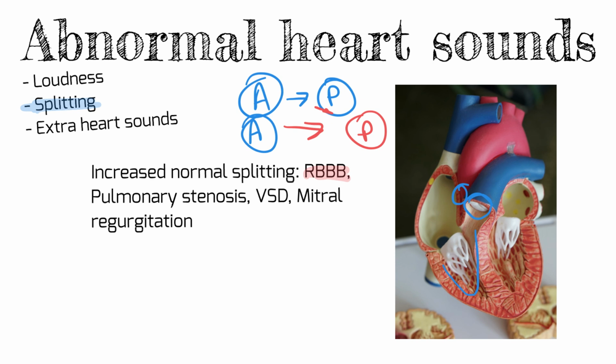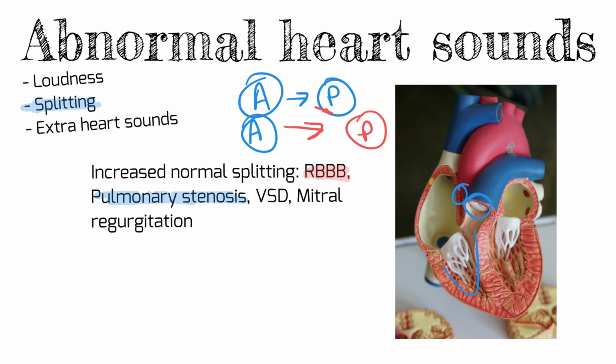Same thing with pulmonary stenosis, because with pulmonary stenosis the flow across the pulmonary artery is going to be much longer. And because the flow is going to be longer, it's going to take longer for that pulmonary valve to close. So it all makes sense. What about VSD? Well, with VSD, the blood is now shunting from the left to the right ventricle.